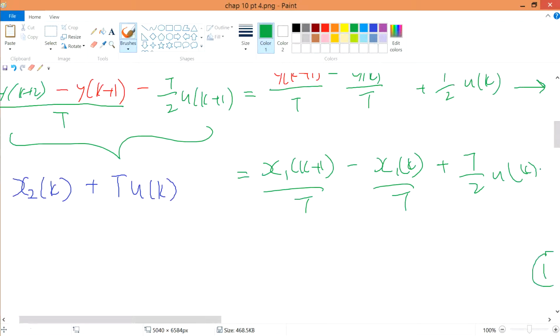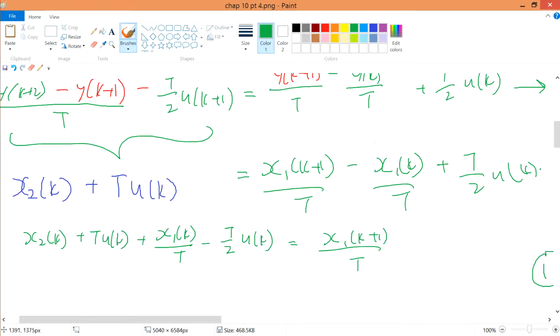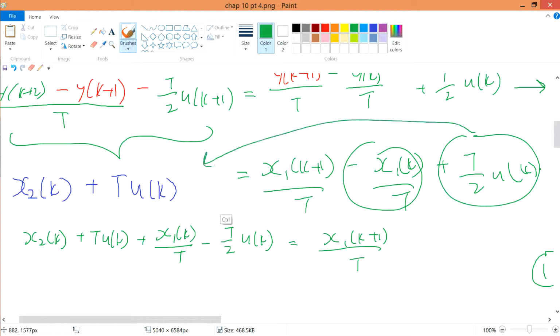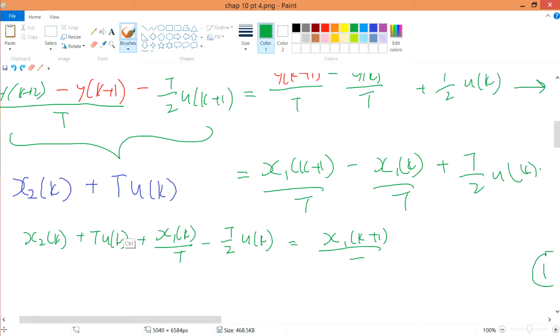Next, I'll just write in terms of x1k plus 1. So what I'll have is this. This thing over here, if I bring it to the other side, is plus, so I have this plus over here. This thing over here, if I bring it to the other side, is minus t over 2 uk. So this thing over here I just simply bring down over here. This thing is equal to your x1k plus 1.